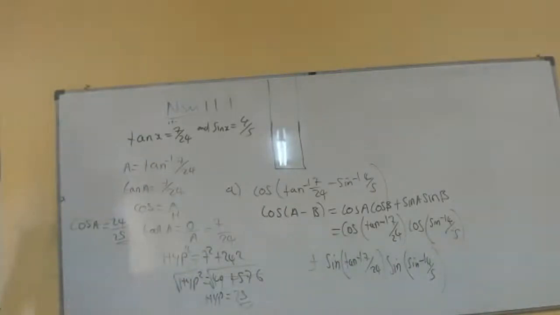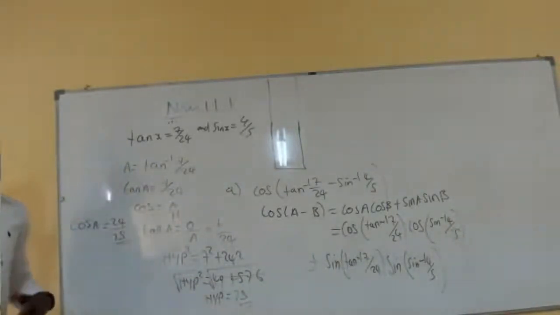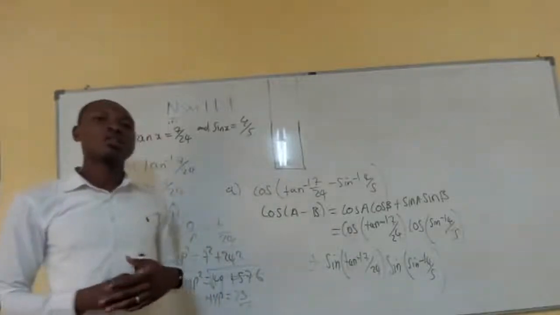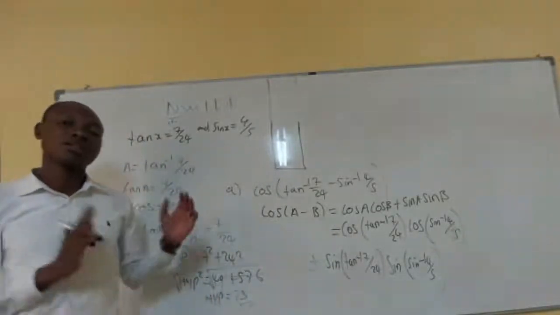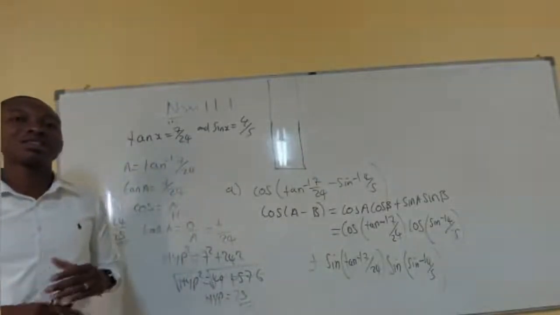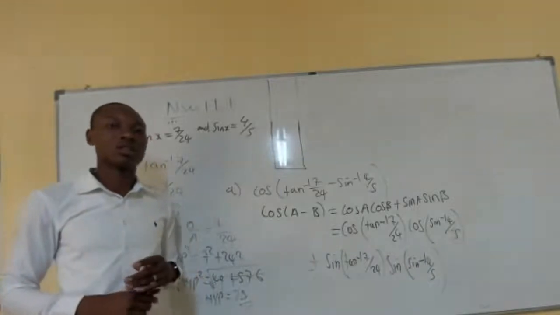So for cos A, we need to know the adjacent and the hypotenuse, given that tan A is 7 over 24, with reference to the previous questions we were dealing with the last time. We would find tan, then we were asked to find the other trigonometric ratio. So this is a build-up on that, applied to a similar but different question.